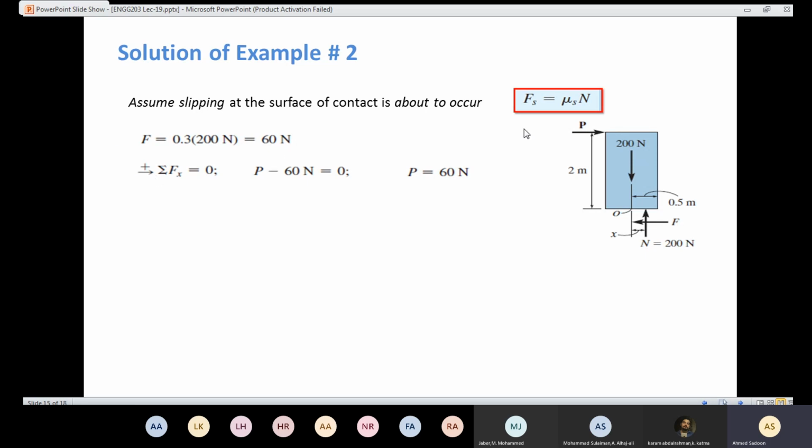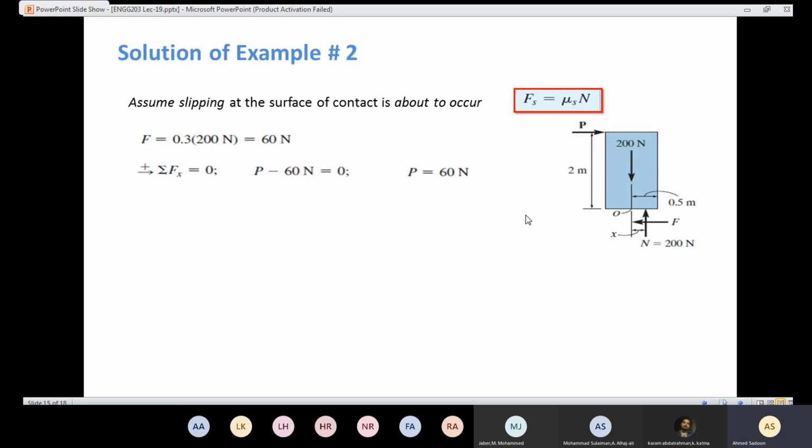Then, in order to know the value of P, I use the summation of the forces in the x-axis should equal 0. According to the sign convention, this one is positive and this one is negative. I can easily determine the value of P. P came out to be 60 newtons. This is the value of P.